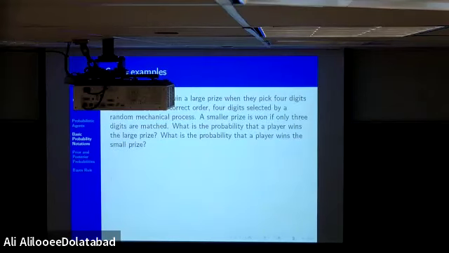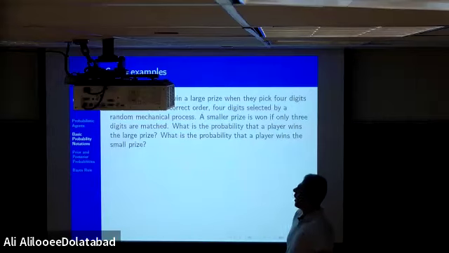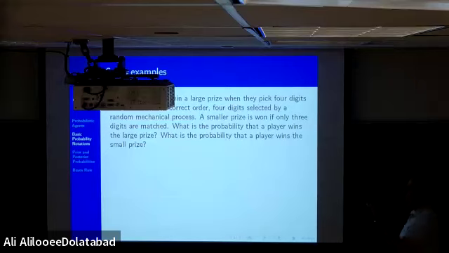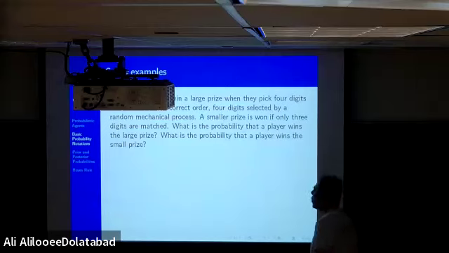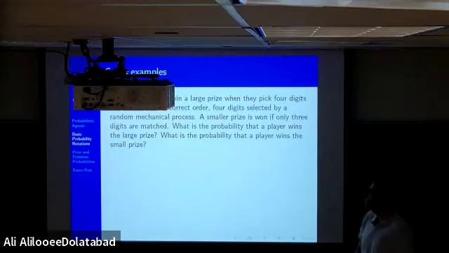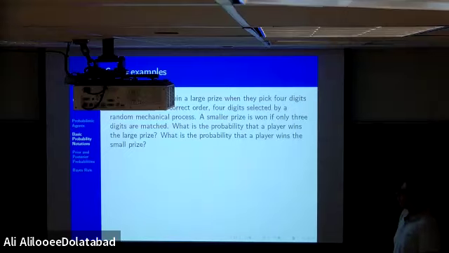We have some examples here, a very easy example. In the Excel credit sheet, you have similar problems. In a lottery, players win a large prize when they pick 4 digits that match in the correct order. The 4 digits are selected by a random mechanical process. Again, you can see that when you want to talk about probability, something random should be there.